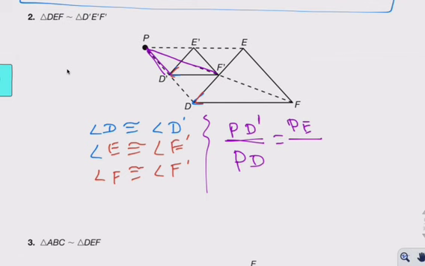Oh, not E prime, sorry, F prime, and P to F. And all these proportions are the same now. PE prime is proportionate to PE. All these, if you put them as a fraction, are all equal after you reduce them. Okay, we proved that yesterday.